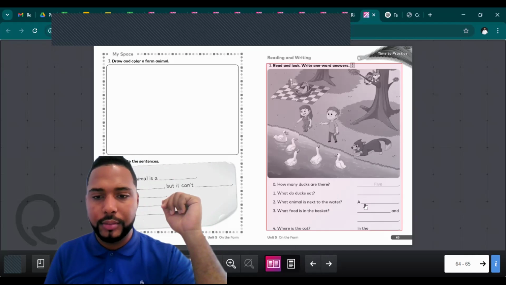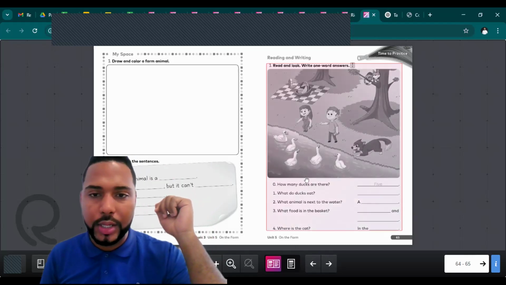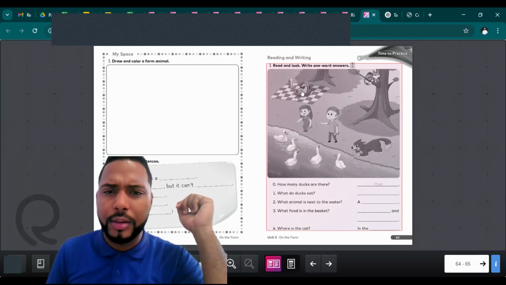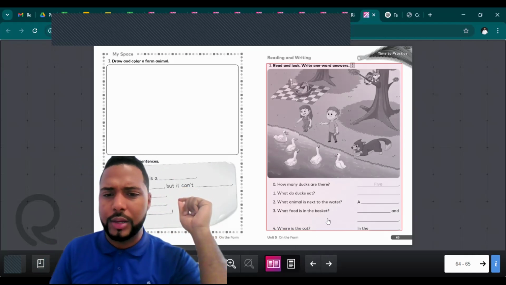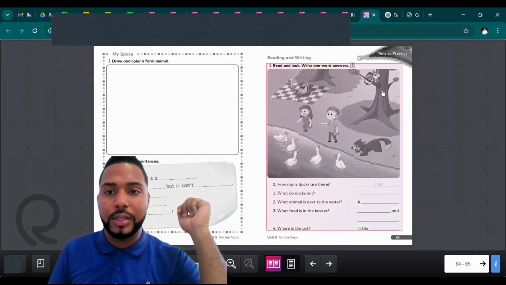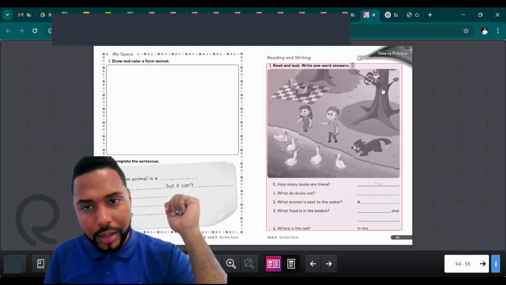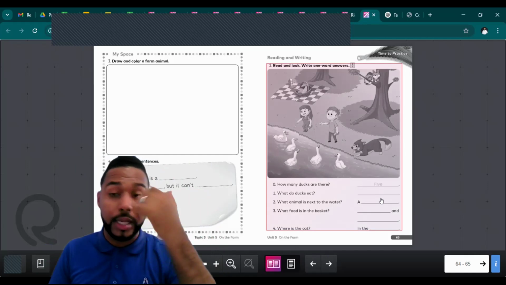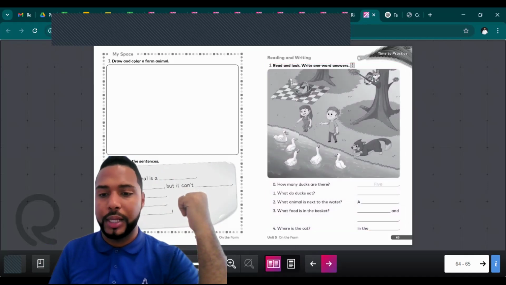A dog. What food is in the basket? Let me see. I think that's banana. Banana, bread, I think so. So where's the cat? The cat is on the tree. You see? So this is the way you're going to complete it.